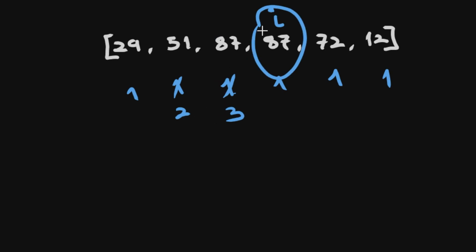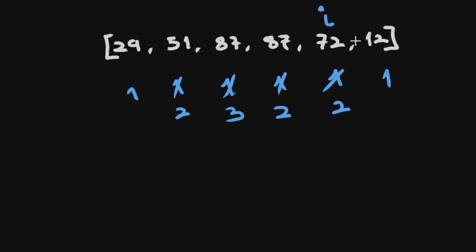Now we are here and 87 equals 87, but 87 is greater than 72. So we could think about giving 2 candies to this one and update I. Now this is smaller than this, but it's greater than this, so we could give 1 plus 1 candies to this one. So this is now 2 and we update I. And now this is smaller than this, so we keep 1 candy here.